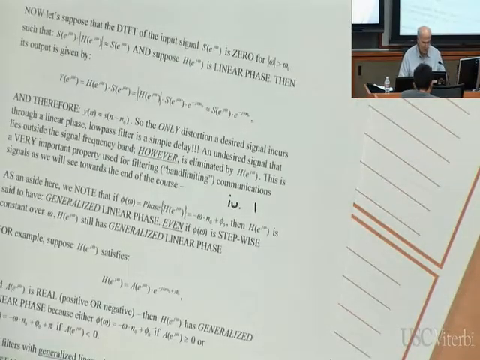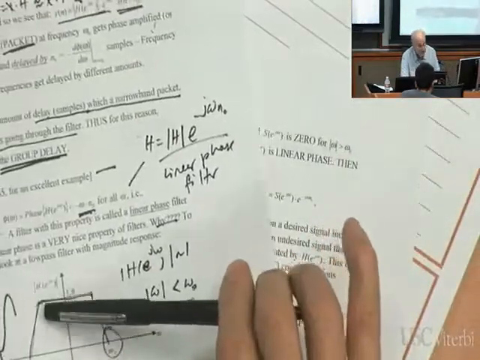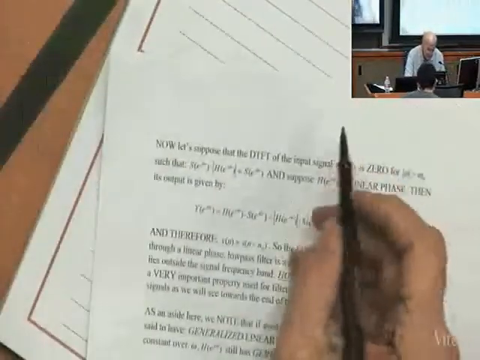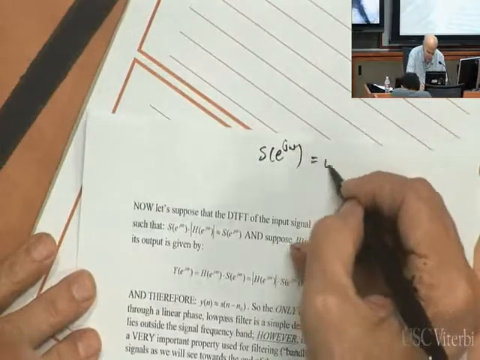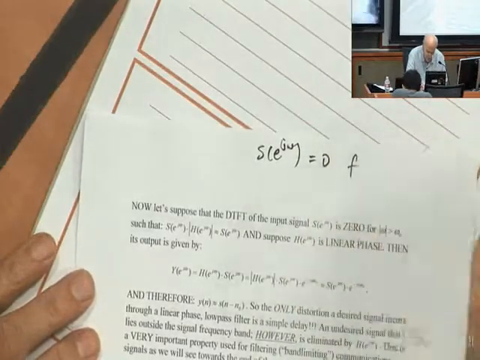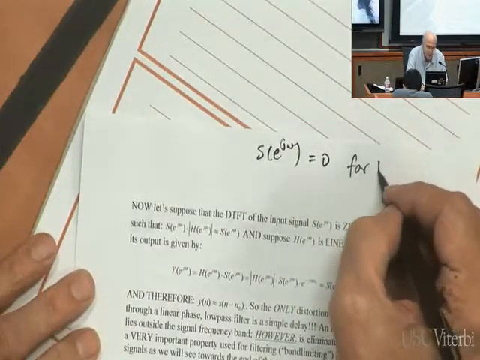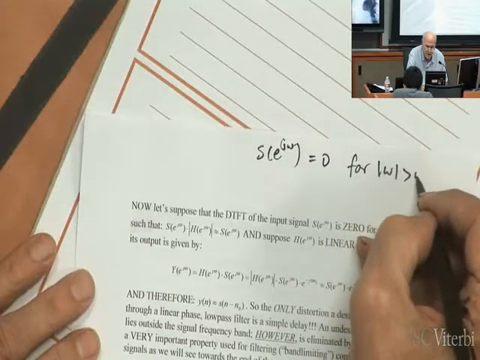Now you will see what is really, really neat if that filter has linear phase. Let's suppose that the DTFT of the input signal, S of e to the j omega, is equal to 0 for the absolute value of omega greater than omega naught.